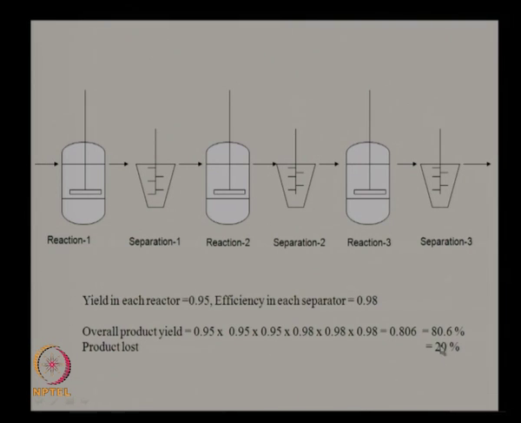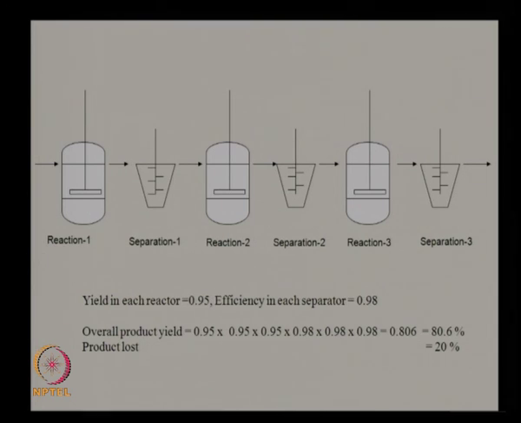If I keep reducing this loss, I will be able to increase this particular term, that means I will be able to manufacture more of the desired product, which adds to the overall sales. So this is a very important concept one needs to understand, that efficiency in each separation operation has to be extremely high and yield in each reactor has to be extremely high.